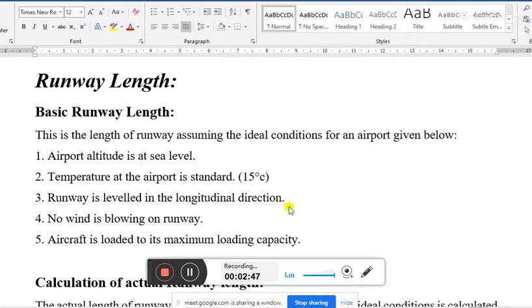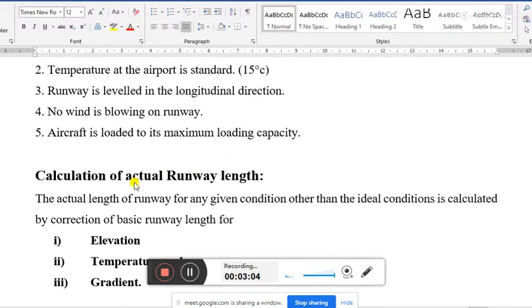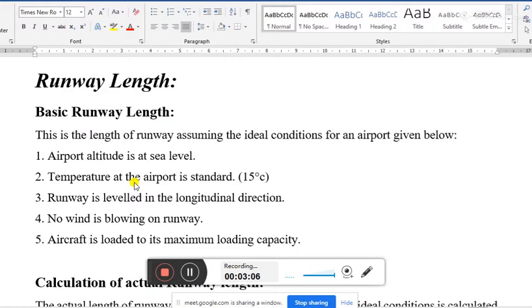These are the ideal conditions, but practically these ideal conditions do not prevail. That's why the conditions for basic runway length are given, and in the next part, we have to calculate the actual runway length from the basic runway length.